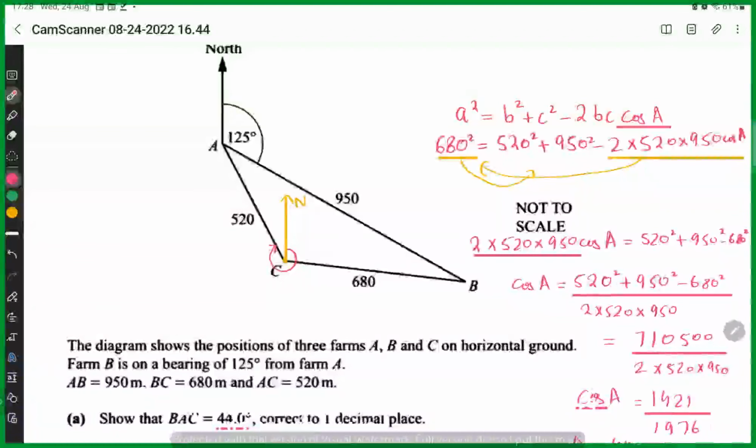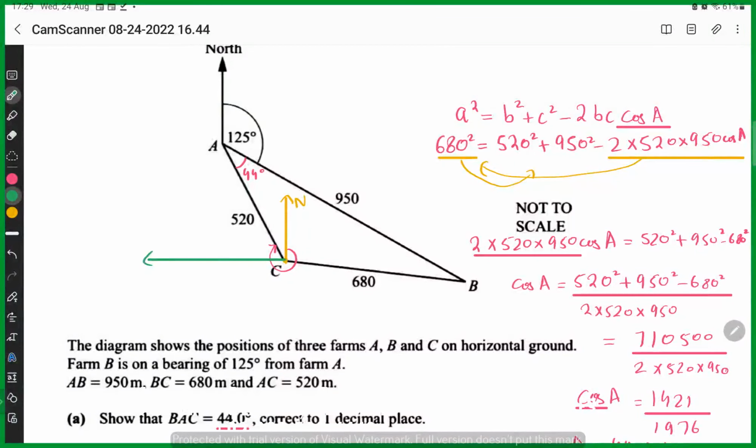Now, this is 44 degrees. And if I make a straight line like this, it's not a straight line. Now it's a straight line.